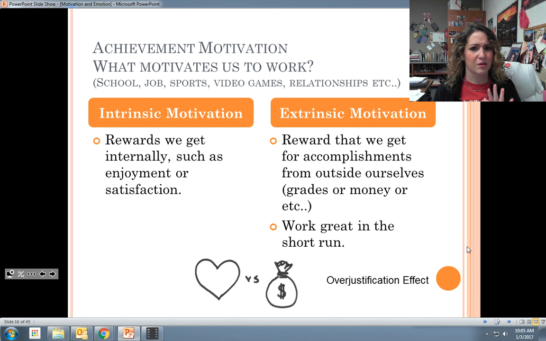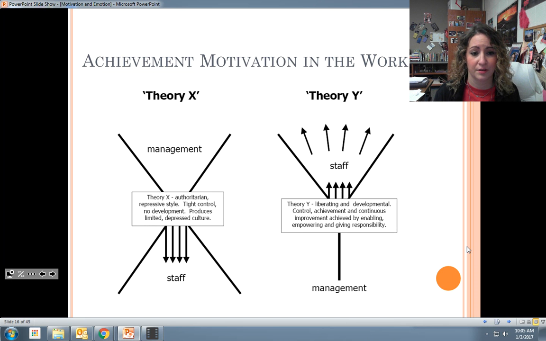So intrinsic works better in the long run. If you are just doing a job for extrinsic motivation, you will do it, but not with as much enjoyment, and you won't do it in the same way with the same heart and passion as intrinsic motivation.